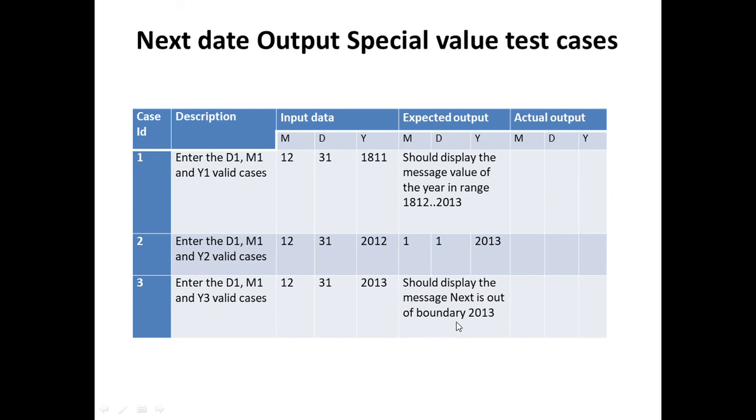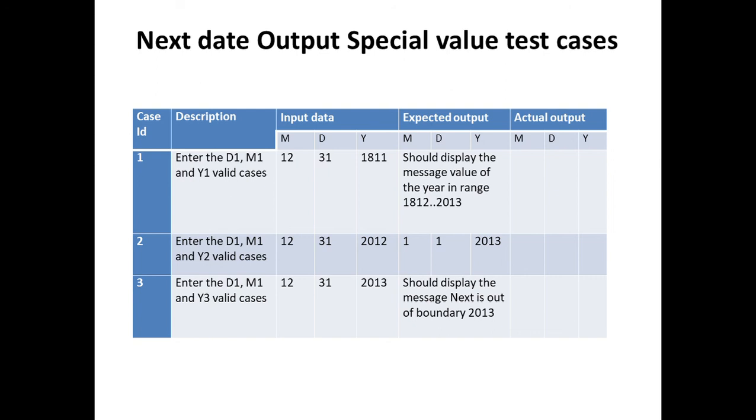Next is out of boundary. Now see this condition. Month is 12 and date is 31, so this is December 31, 2013. The next date will be January 1, 2014. Now that next date is in the year 2014, which is out of the boundary, so 2014 will not come inside the boundary.